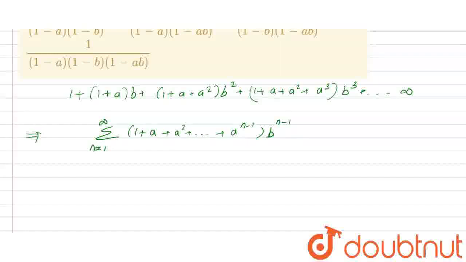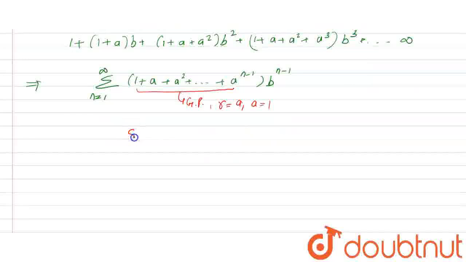Now we know the formula for the sum of a GP, because this series is a geometric progression whose common ratio r is a and first term a is 1. The sum of a GP is S_n = a(1 - r^n)/(1 - r).